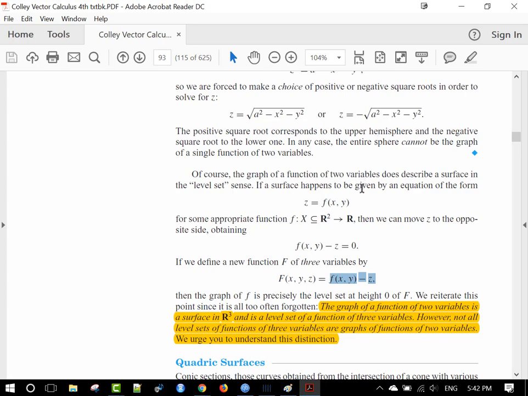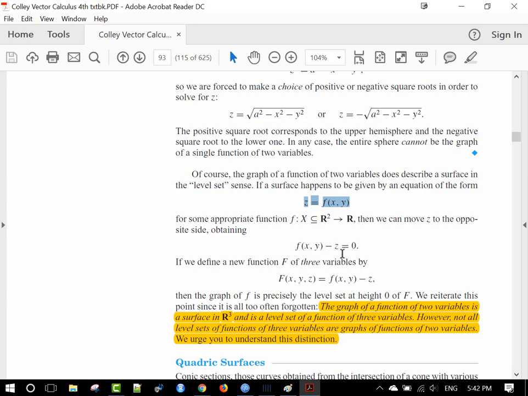And then you can consider the original function as a level set of this function. This function is in three variables, but it has a level set, of course, in two variables, which equals the original function. So that's kind of interesting, and that may come up somewhere as useful.